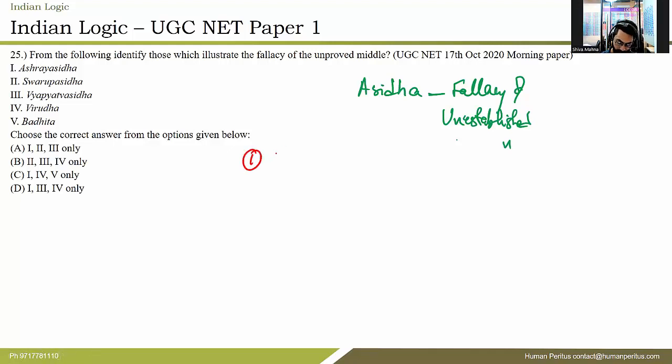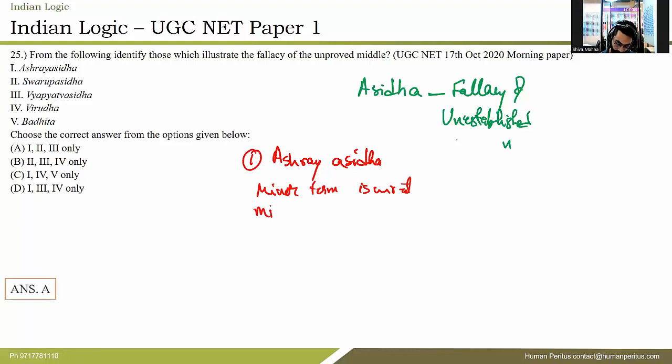The first type is called Ashraya Asiddha. What is Ashraya Asiddha? If the minor term is unreal, middle term cannot be present. That is Ashraya Asiddha.